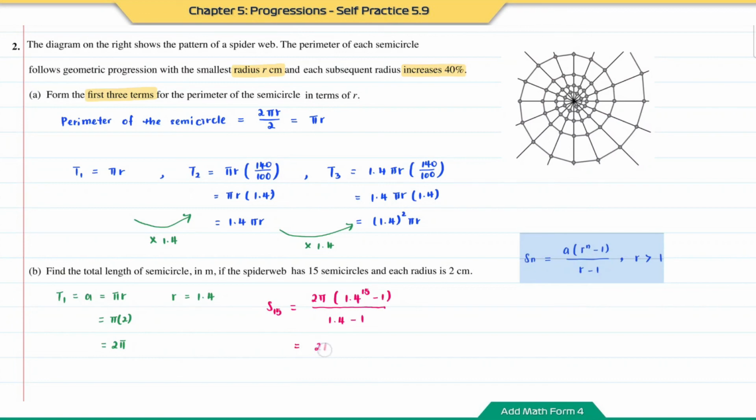The answer will be 2427.94 centimeter. But question B here asks you to state the answer in meter. Therefore, we're going to divide this centimeter value by 100. So we're going to move 2 places toward the left hand side. Therefore, it will be 24.28 meter if we just take 2 decimal places.